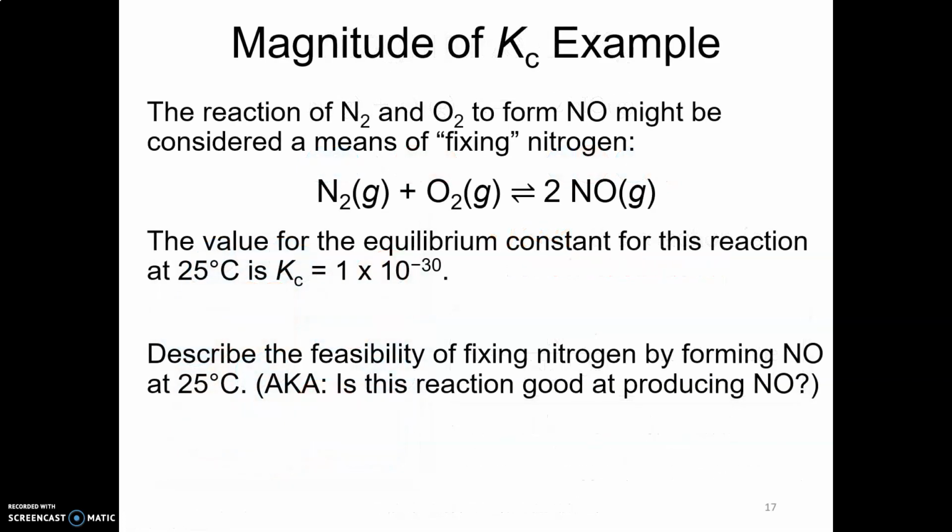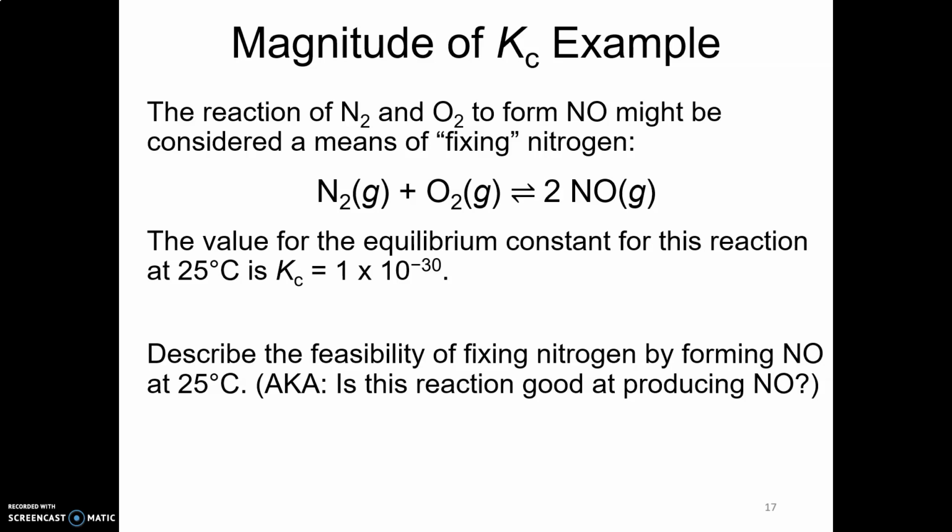All right, so let's take a look at this example. It says the reaction of N2 and O2 to form nitrogen monoxide might be considered a means of fixing nitrogen. And you have the reaction there. It says the value for the equilibrium constant for this reaction at 25 degrees Celsius is Kc equals 1 times 10 to the negative 30th.